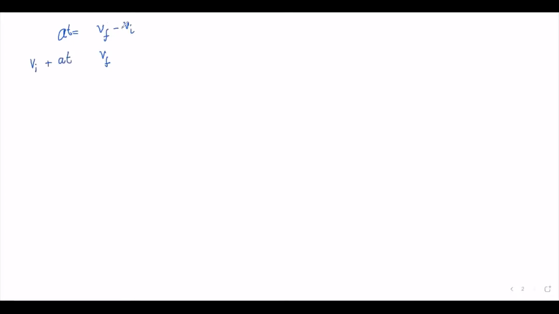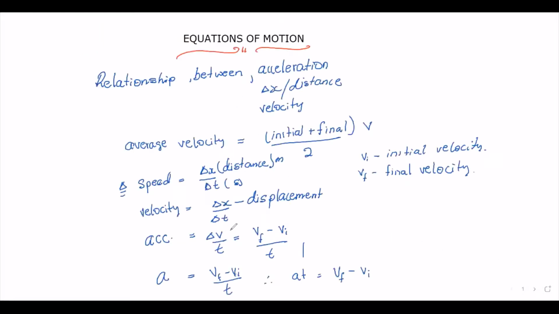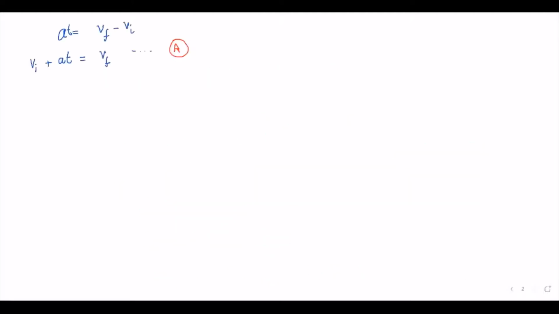If I transpose VI to that side, that constitutes your first equation, if not the second one. Let's call it equation A, for argument's sake. That can be the first one, because we also have an equation there with speed or velocity.